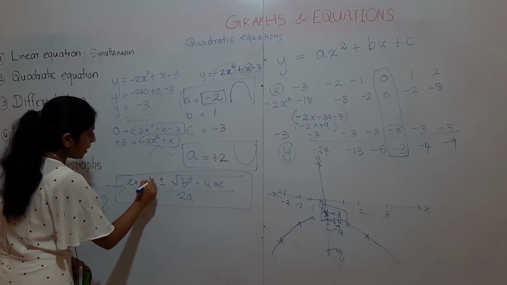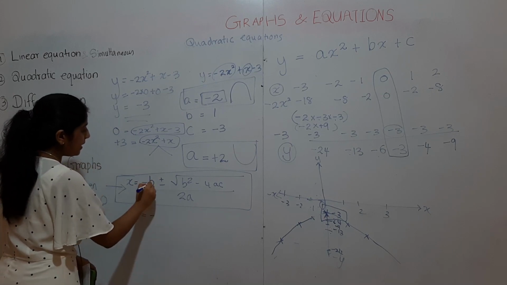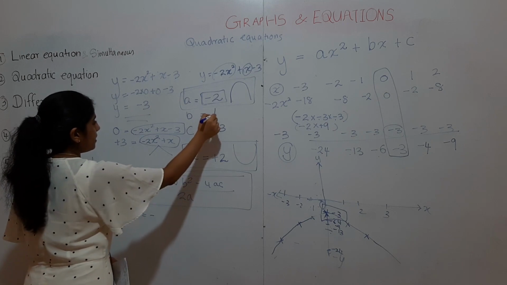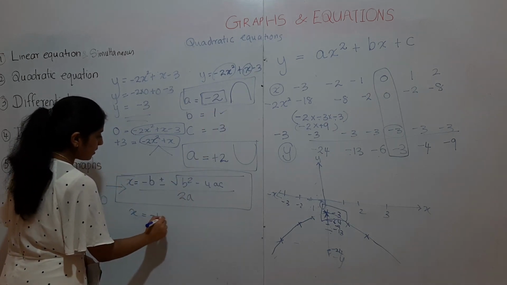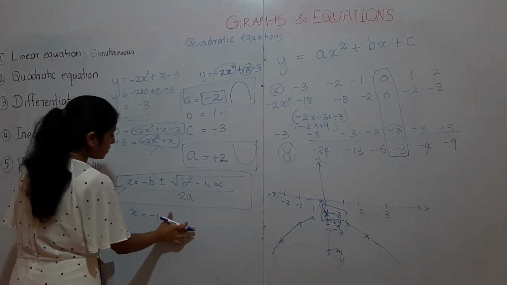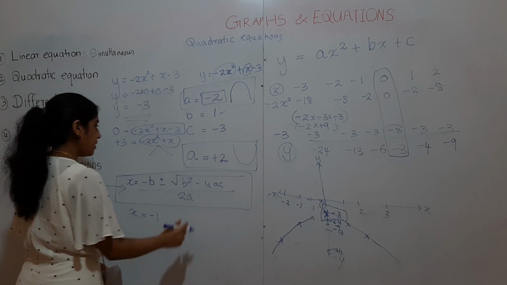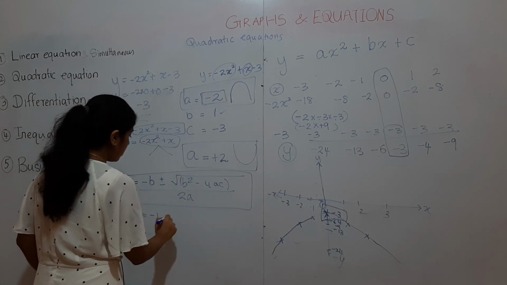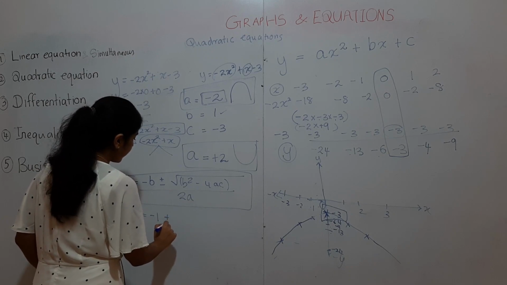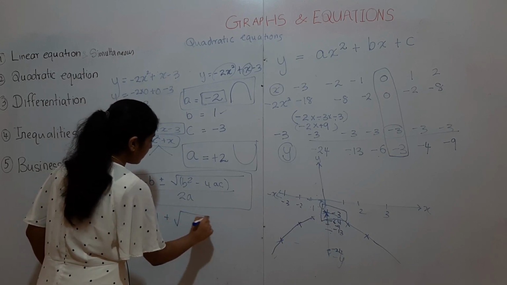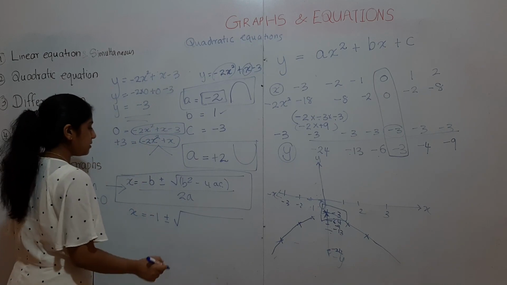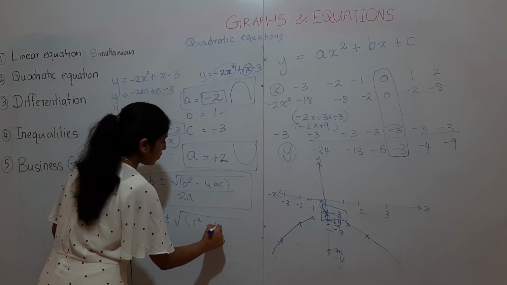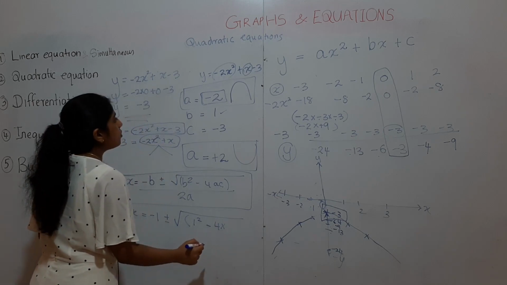x equals minus b. Here the b is 1, we found out. So I am going to put 1 here. Now plus or minus they have given. That means it depends on the answer's value, so I'm going to put plus or minus, and then b squared is 1 squared, minus 4 multiplied by a, which is how much?